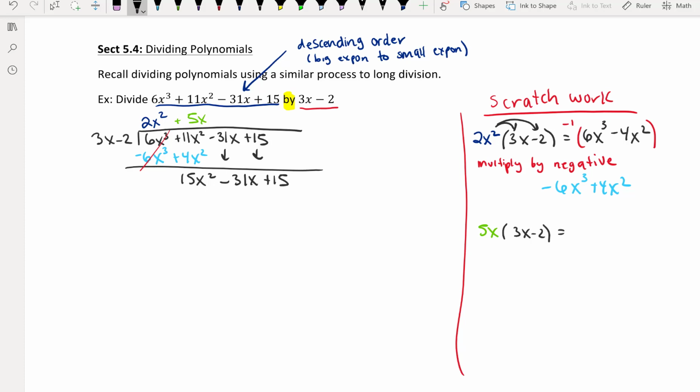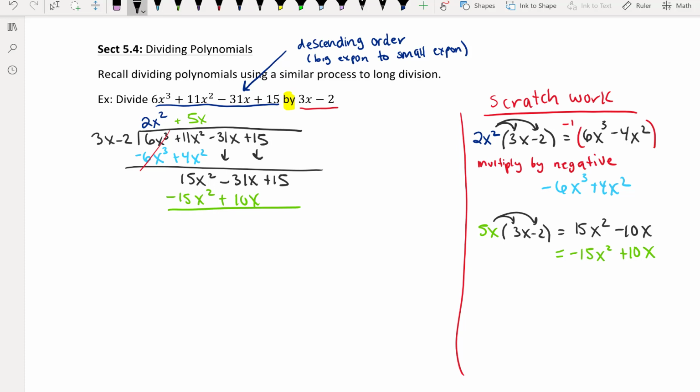When I multiply that out and distribute, I'm going to have 15x squared minus 10x. And of course, this is where I multiply by a negative, so that's the same as switching my signs. So negative 15x squared plus my 10x.